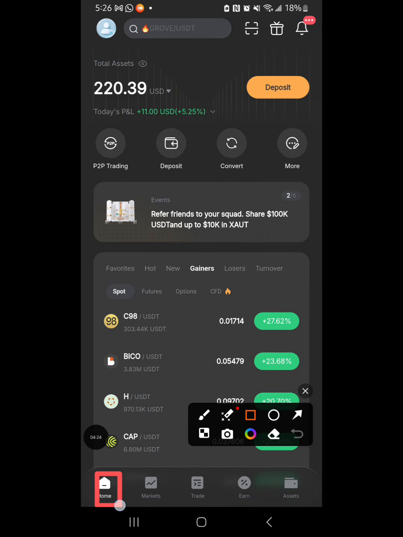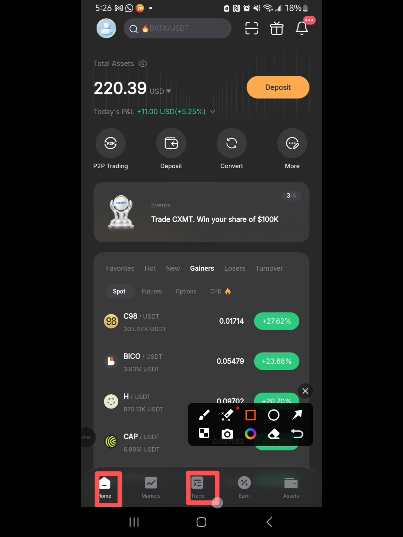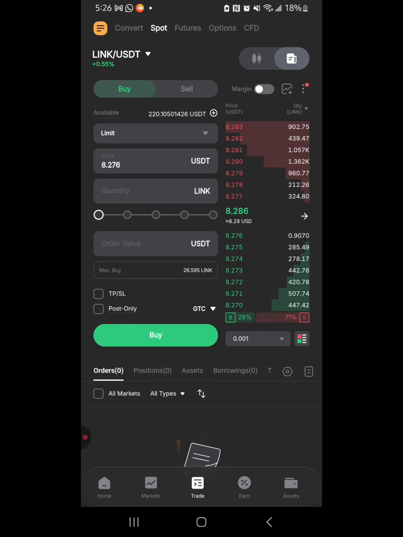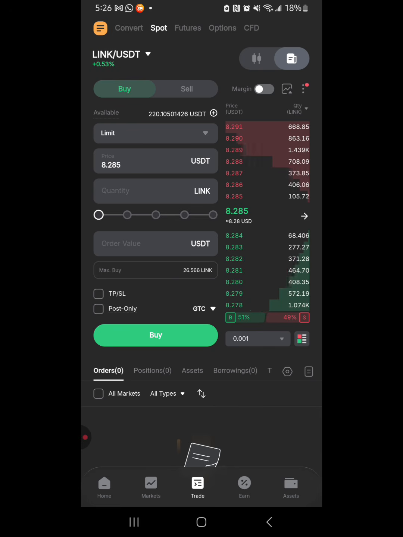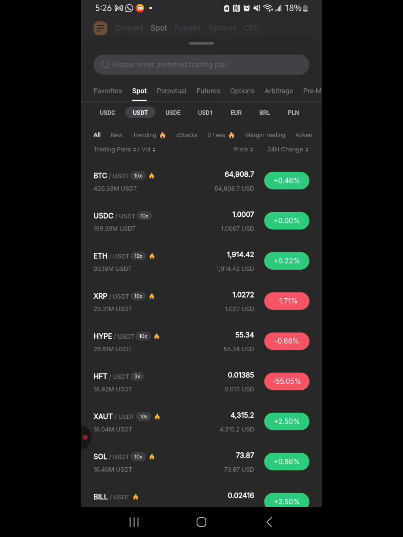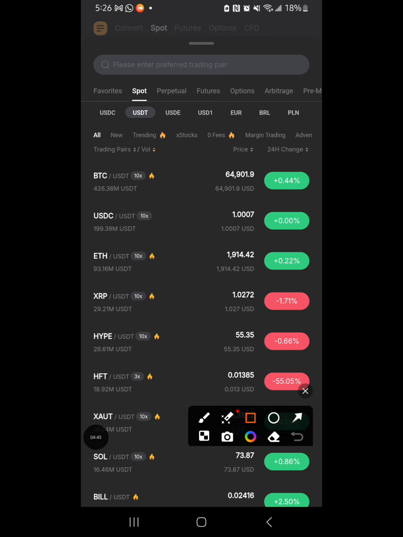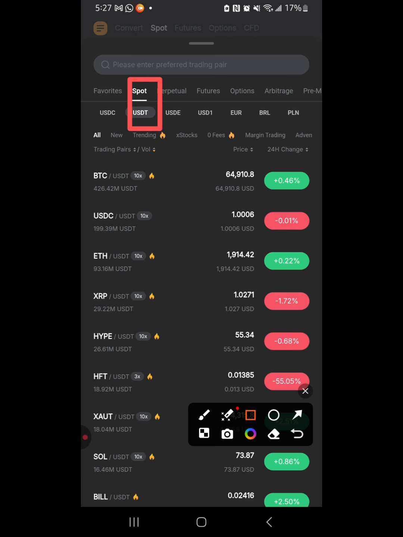Having put that disclaimer out of the way, you're now going to click on home page, and then you click on trade. In this case, you need to click on this cryptocurrency icon here. Once you click on it, you're going to see varieties of cryptocurrencies under various currencies. In this case, you need to be on spot and USDT, to be precise.